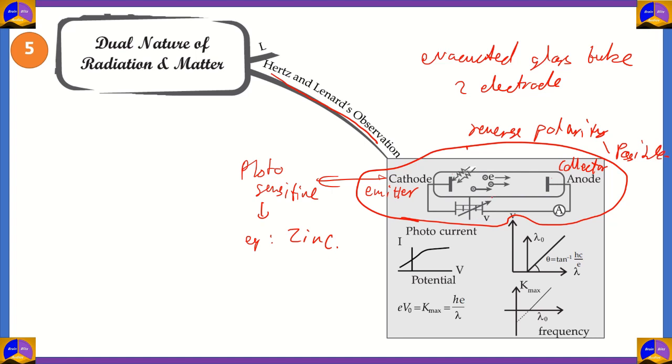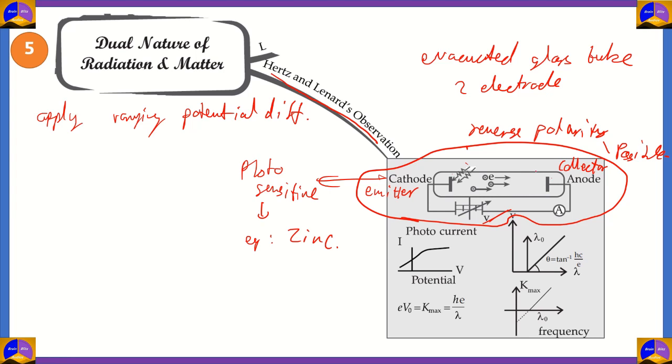Now, in order for electrons to move from the cathode to the anode, we apply an external accelerating potential difference. So we apply a varying external potential difference across the two electrodes. When light is incident through this tube and hits the cathode, due to the photoelectric effect, electrons are emitted from the emitter and then move towards the collector.